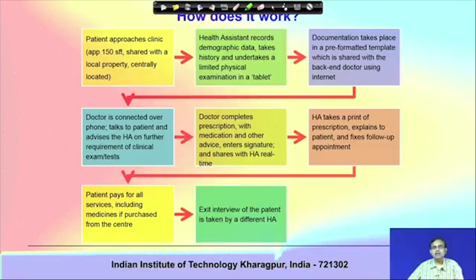The health assistant records demographic data, takes history and undertakes a limited physical examination in a tablet. Then documentation takes place in a pre-formatted template which is shared with the back-end doctor using internet. Then the doctor is connected over phone, talks to the patient and advises the health assistant on further requirement of clinical exam or tests.